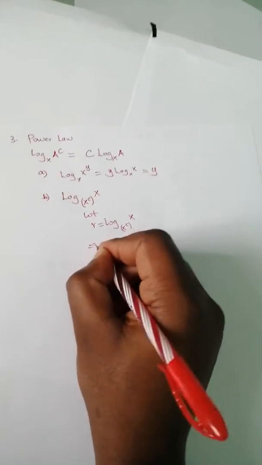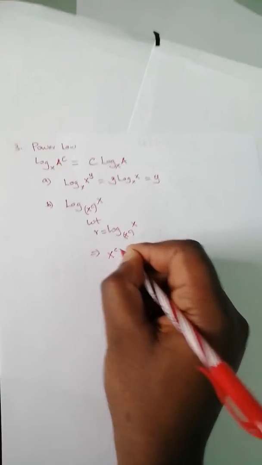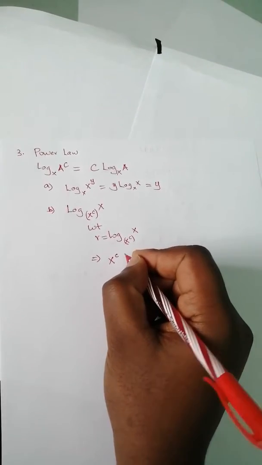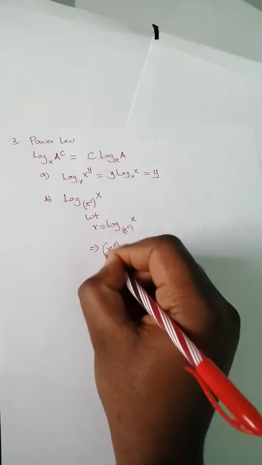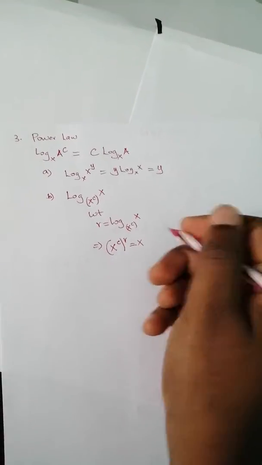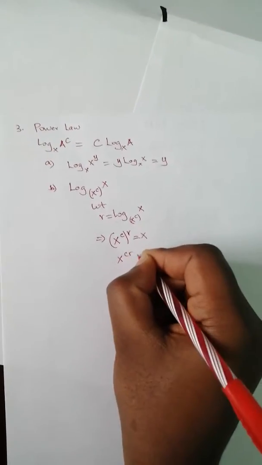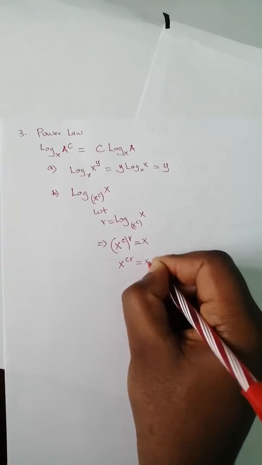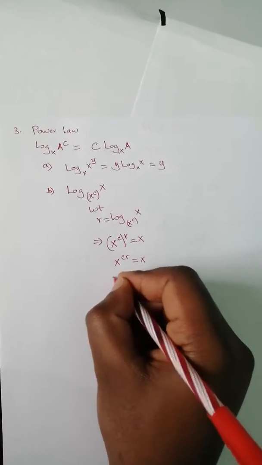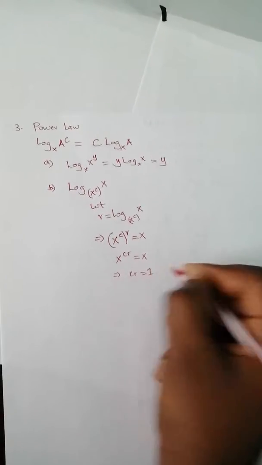So this implies that x raised to power c, then raised to power r, is equal to x. So what does this imply? This implies that x raised to power cr is equal to x, which implies that cr is equal to 1.